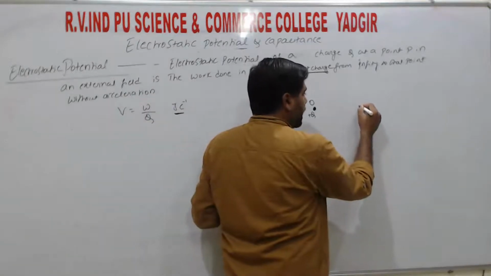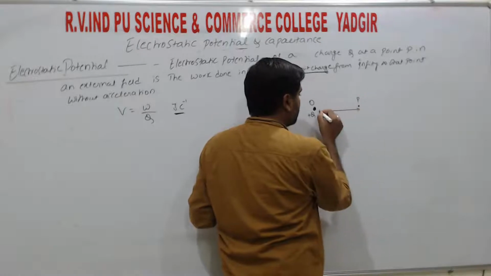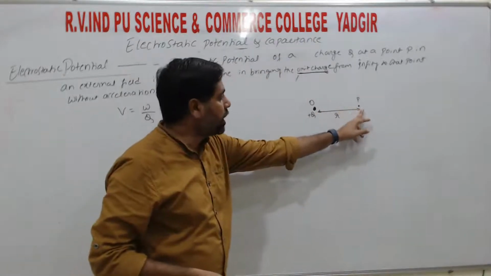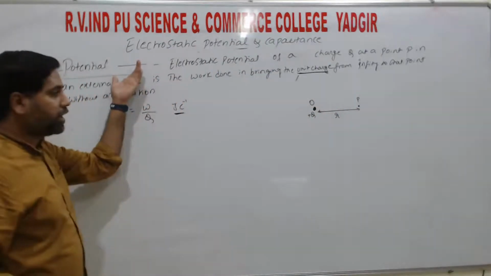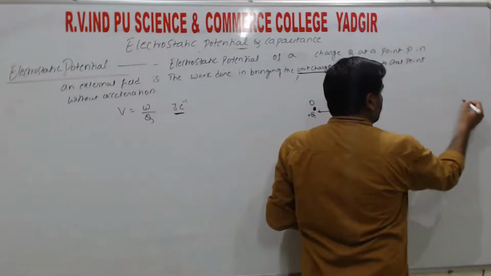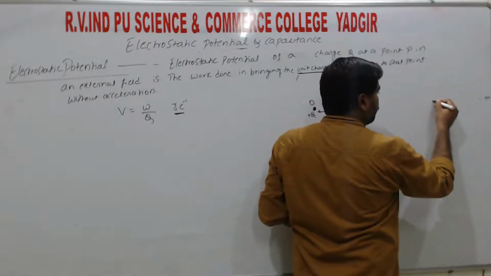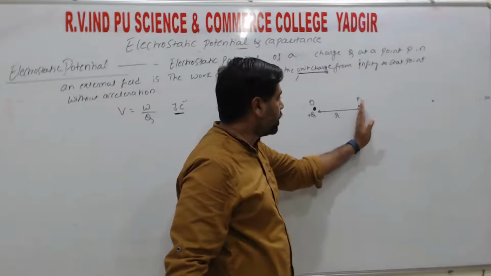We are going to find the electric potential at a point P, which is at a distance R. We know the definition of electric potential: we bring 1 coulomb of charge from infinity to this point P. We are going to derive that.